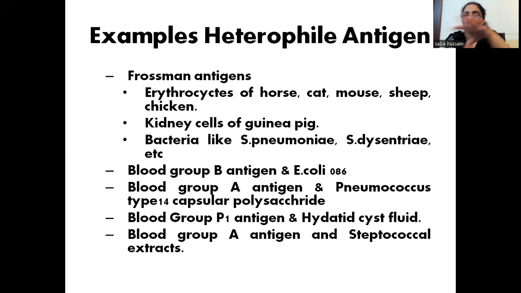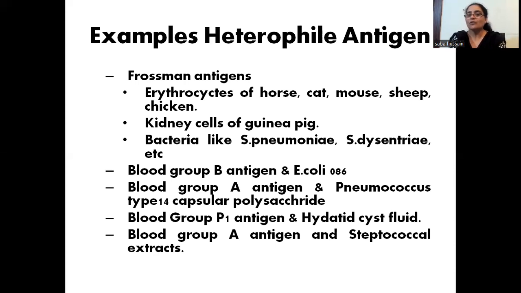This chemical structure shared by all those things I mentioned above is the Forssman antigen. Whatever the antigen is, it is made up of proteins, amino acids, and carbohydrates, so only these things may be present. Some chemical sites, epitopes, may be similar in all of these, and that is why they are called hetero, meaning different, but the sites are the same, so they are called heterophile antigens.